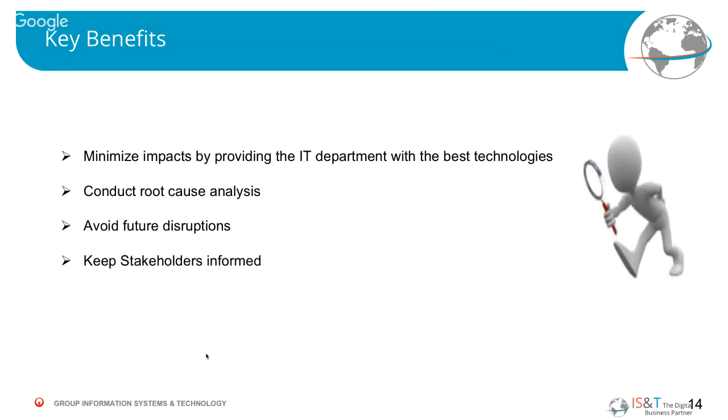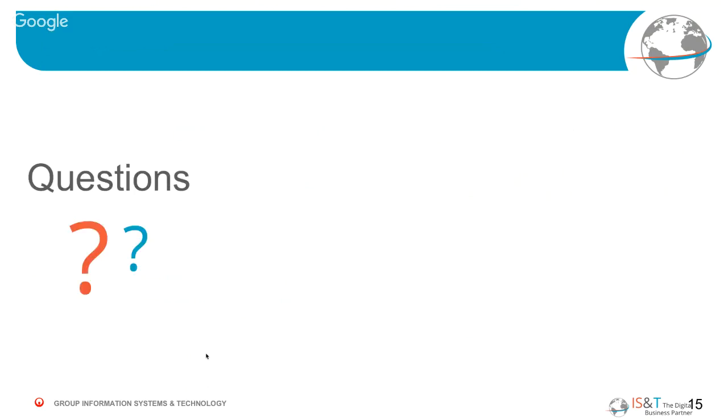The key benefits of problem management are to minimize impacts by providing the IT department with the best technology, conduct root cause analysis, and avoid future disruption. And we must not forget the important key benefit: keep stakeholders informed. So thank you for your attention, and I will try to answer all your questions, if you have any.